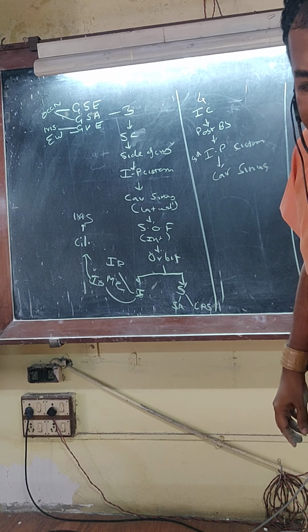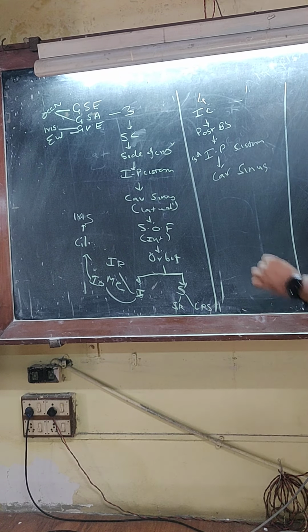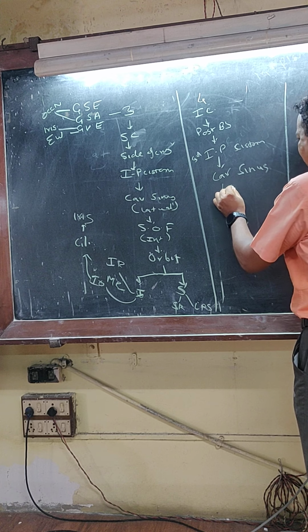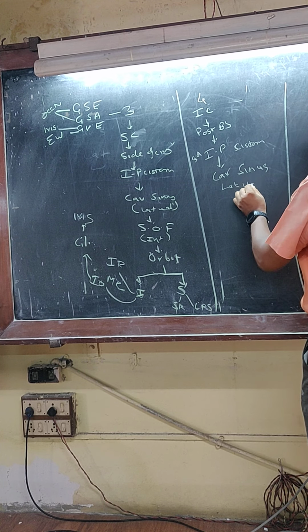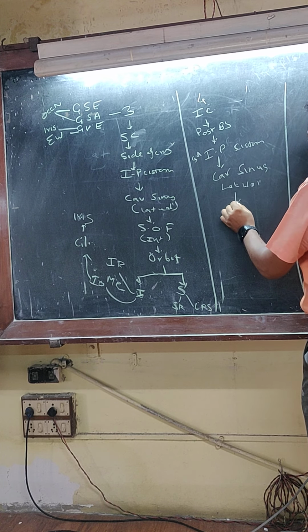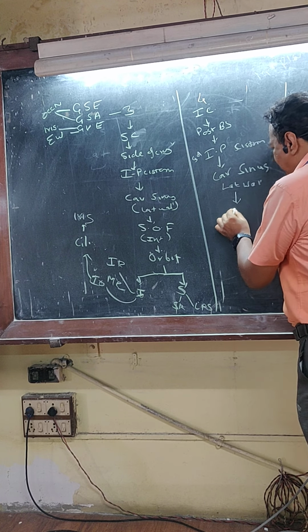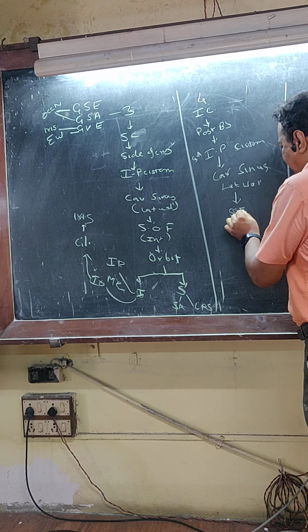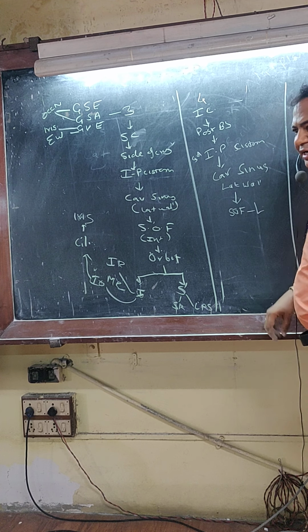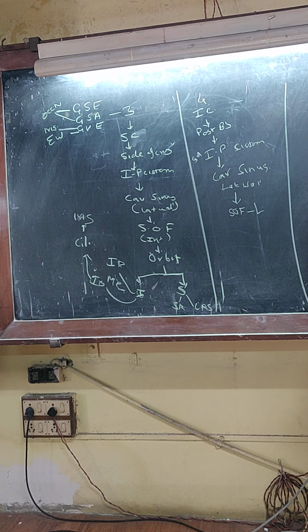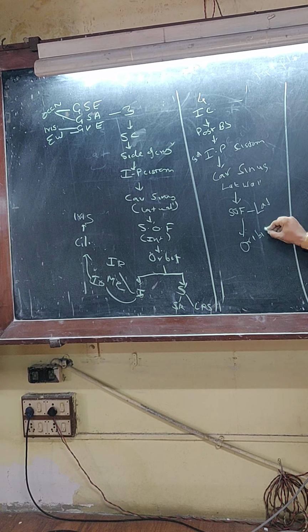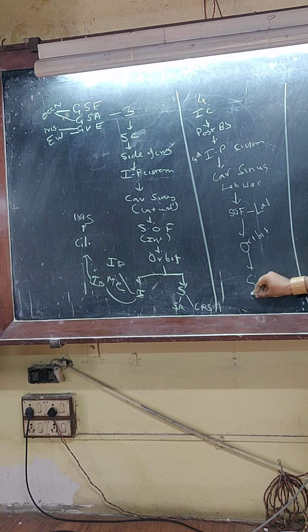Where in the cavernous sinus? The lateral wall, right? After that, where does it go? The superior orbital fissure. Which part? The lateral part of the superior orbital fissure. Okay? Then it enters the orbit and supplies SO4. It supplied the superior oblique muscle.